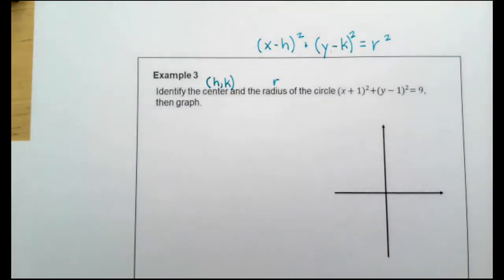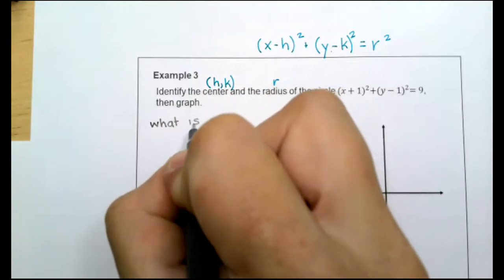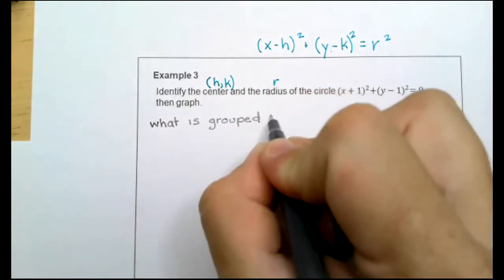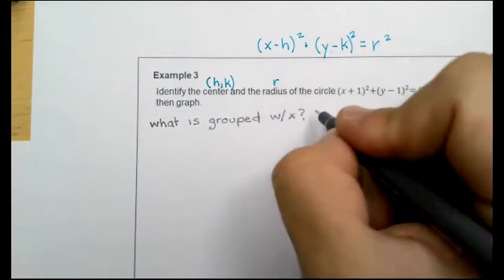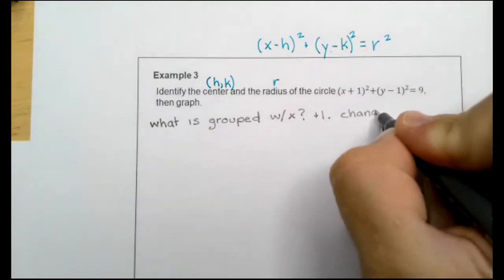Look at what is grouped with x, change its sign, and that will be the x value of my center point. So what is grouped with x? Right here, a positive 1. Change the sign.